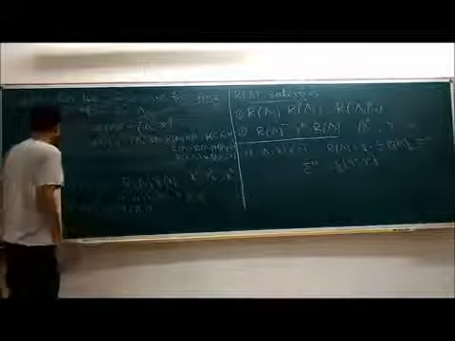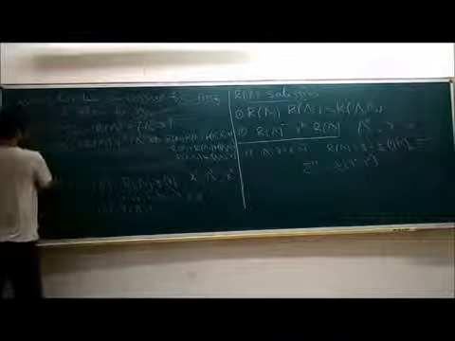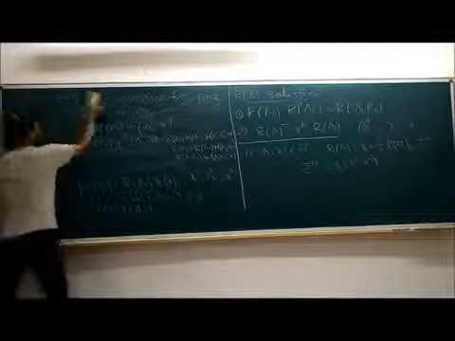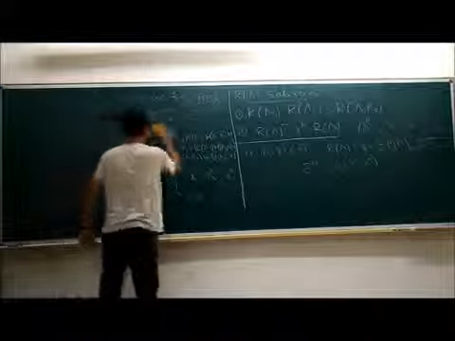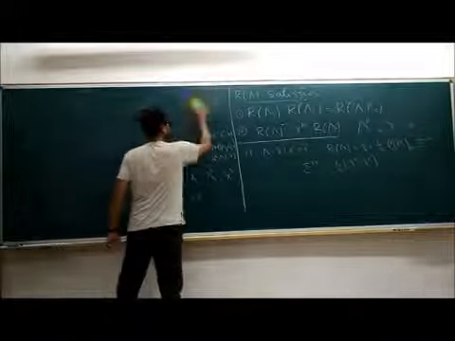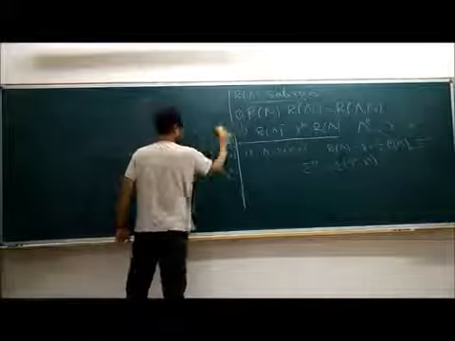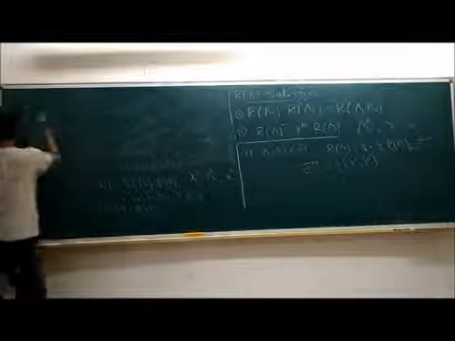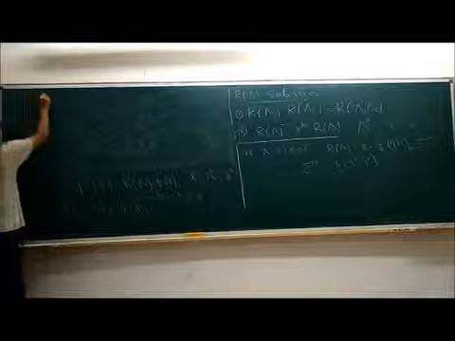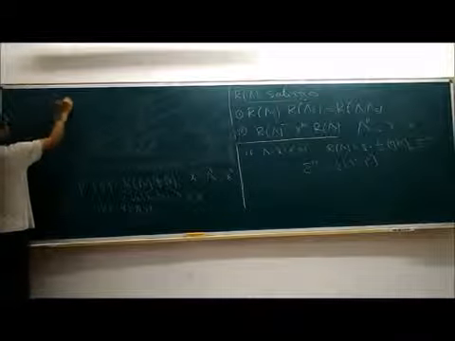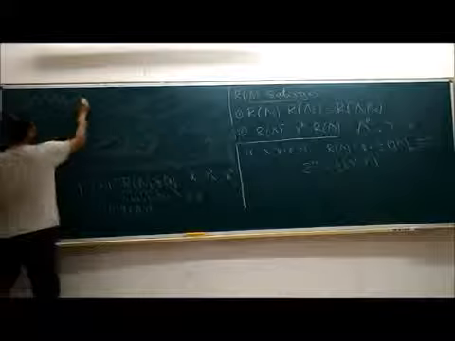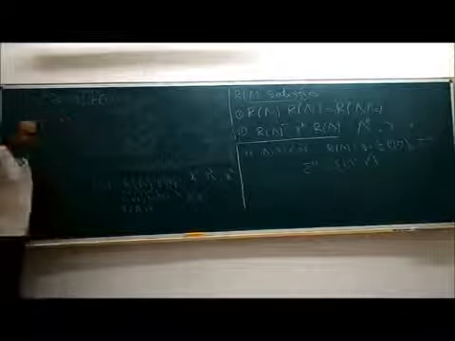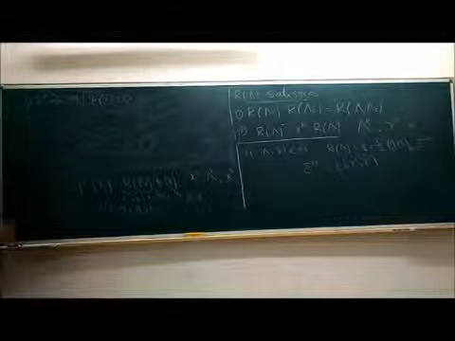Okay, so let's now check the Lorentz covariance of the Dirac equation. The Dirac equation is (i gamma^mu del_mu minus m) psi(x) equals 0.